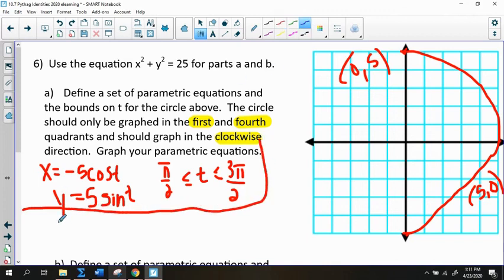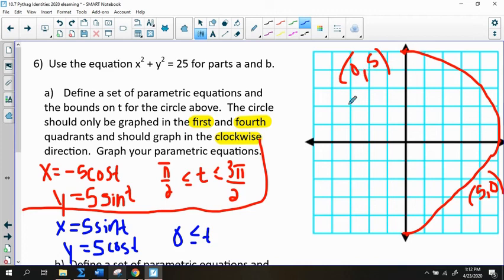The other option is to switch it so that the sine is with the x and the cosine is with the y. And then you should be able to start your time at 0 this way. So if I start at time equals 0, sine of 0 is 0, so that's your x value.